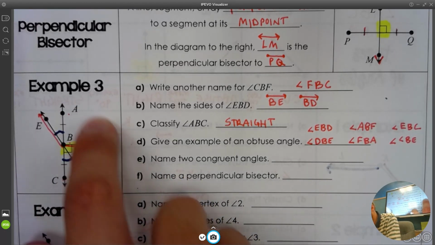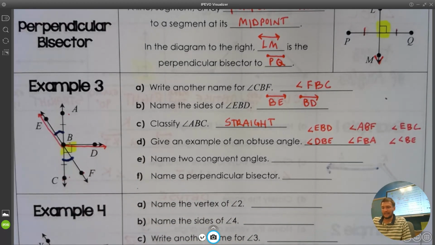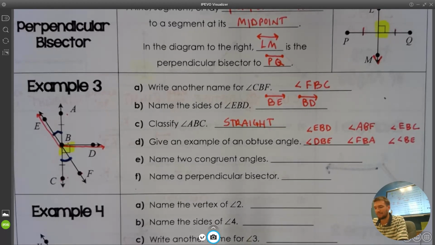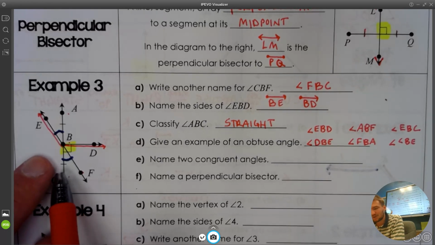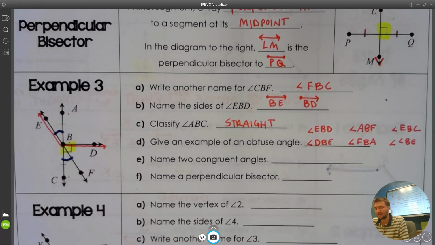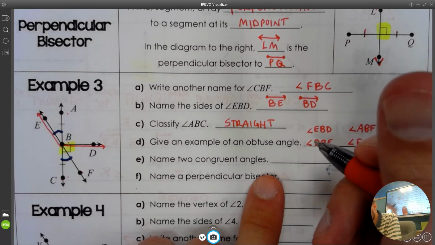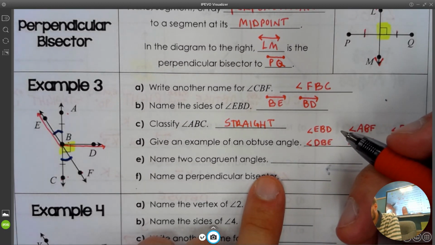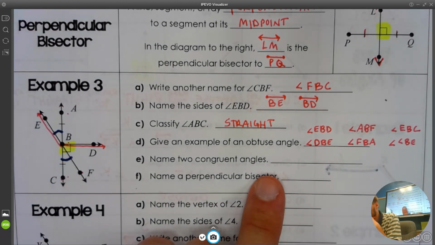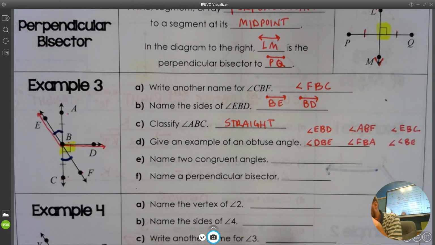Let's look at E. Name two congruent angles. Congruent means same, and we talked about this on this other sheet of paper, remember. These little curves are the secrets. So who's got the name for the two congruent angles? Ooh, yeah, maybe there's a couple options here. That's interesting.